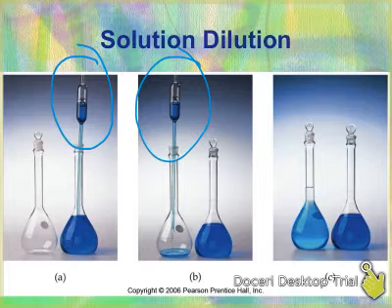Then you put your finger over the top, like you do a straw, right? You take it out of this one and put it in this one, you let your finger go, and all the solution goes on this side. But it's exactly 25 milliliters, so it takes out a lot of the human error. Then you add water to this line, and notice it's still blue, but it's not as blue because it is diluted.